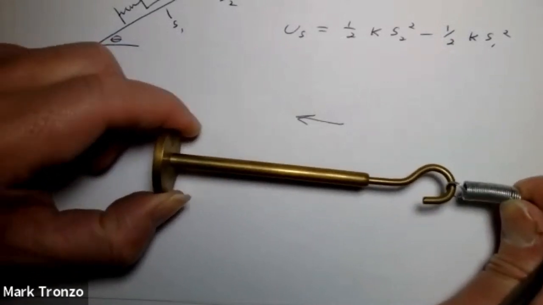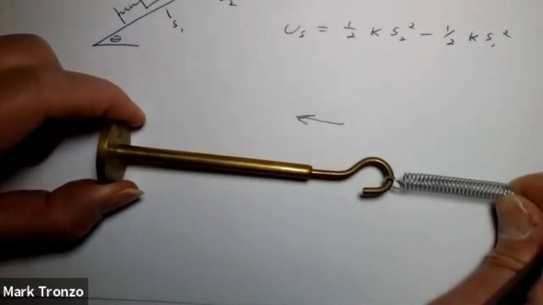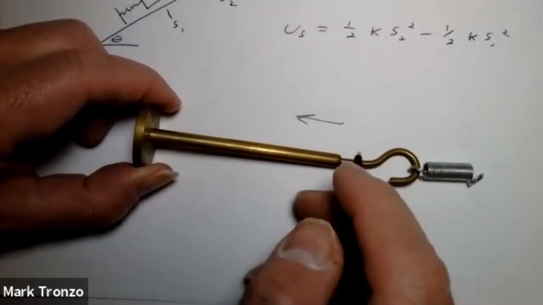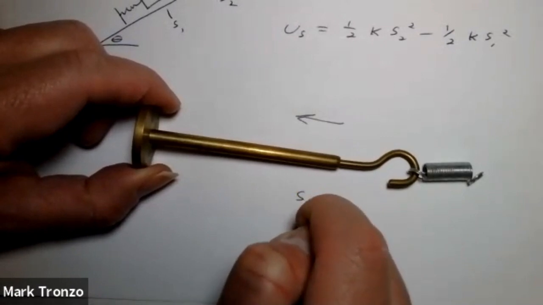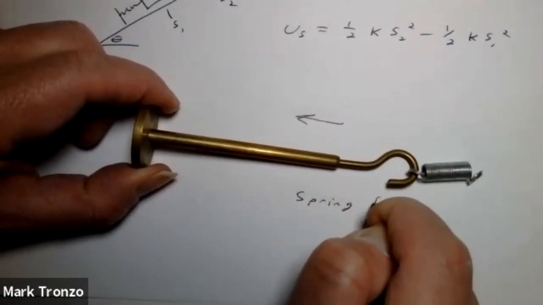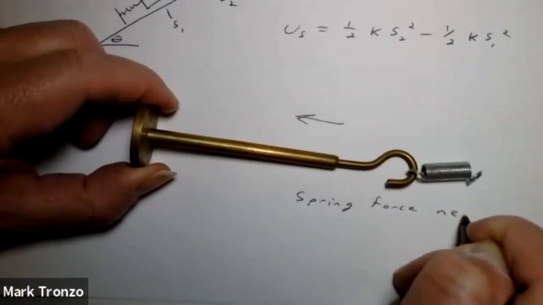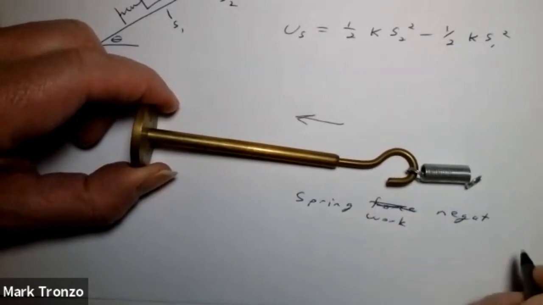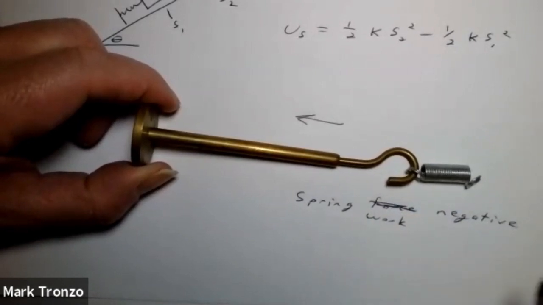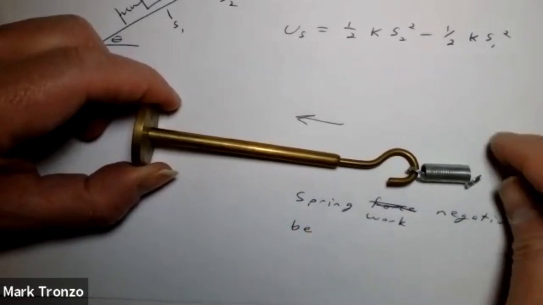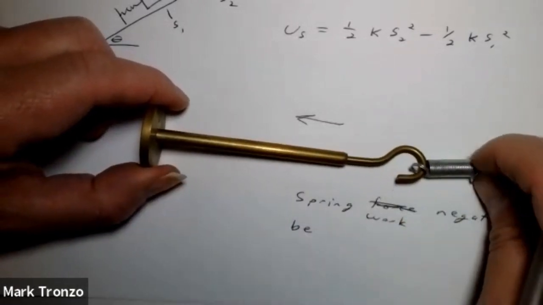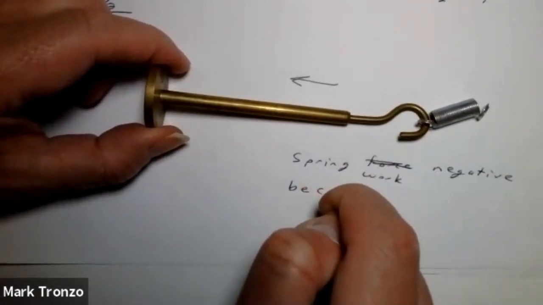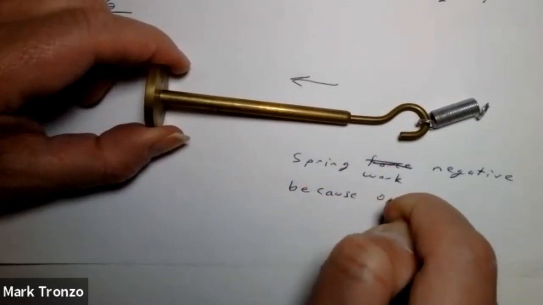If the object is moving from here to here, the spring is working against it. So in this case, spring work, I'm sorry, spring work will be negative because we're opposing the motion. Again, the object is going this direction and the spring is trying to hold it back because it opposes the motion.